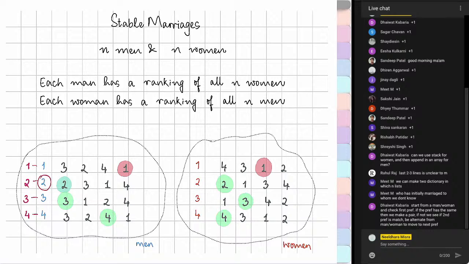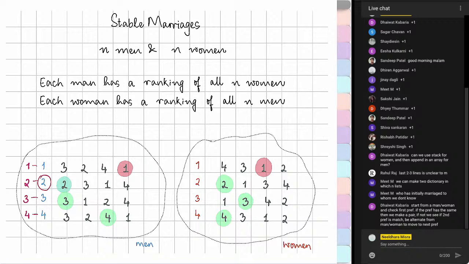So if a man has a woman as his first preference, and that woman also lists the same man as her top choice, then they will essentially get paired with each other based on your algorithm.